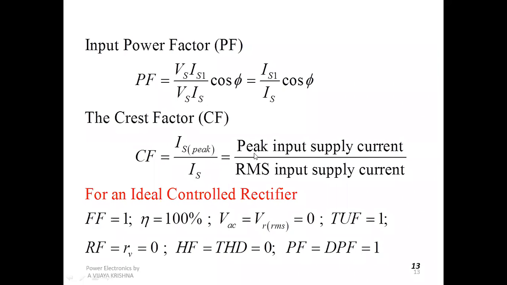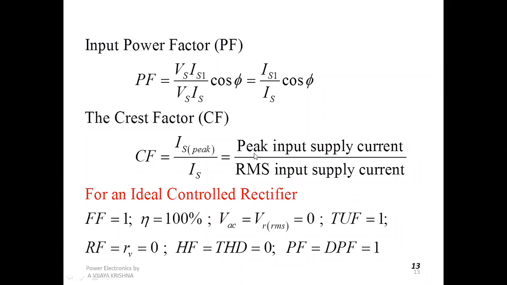If it is an R load, there is no phase angle difference. Why? Because the current starts at the 0 degree line, and the voltage also starts at 0 degree only. There is no problem at all. If you observe the sinusoidal waveforms of the voltage, it starts from 0 to pi and pi to 2 pi, the positive half cycle and negative half cycle.